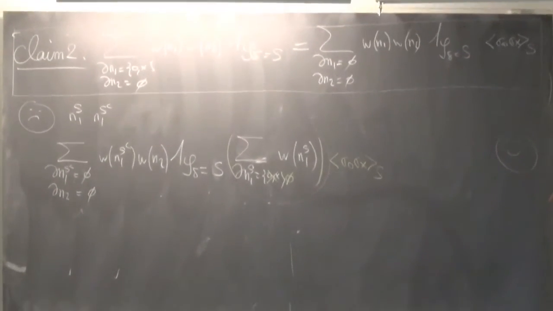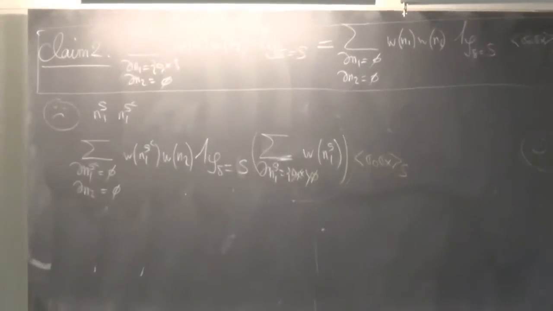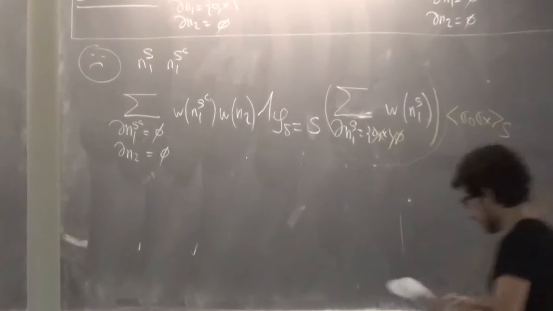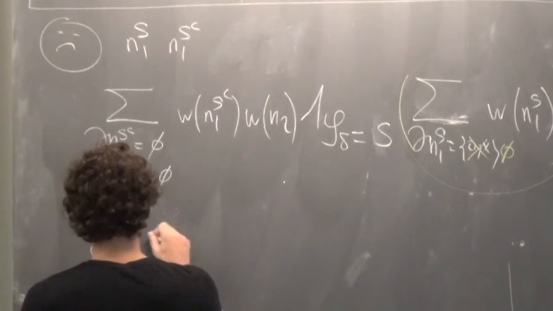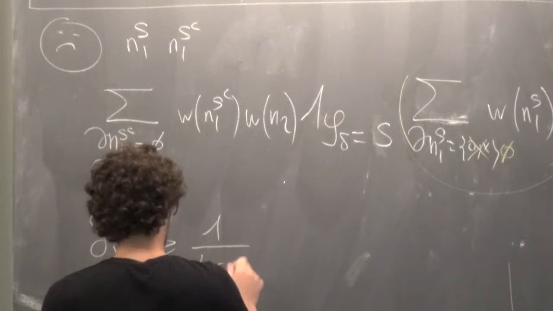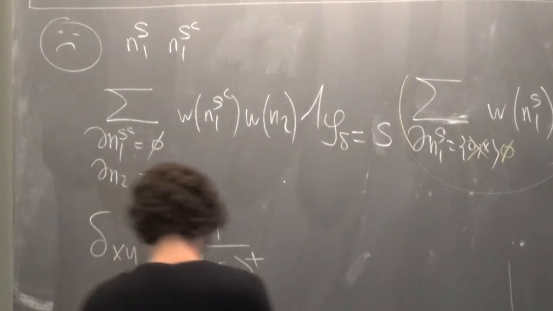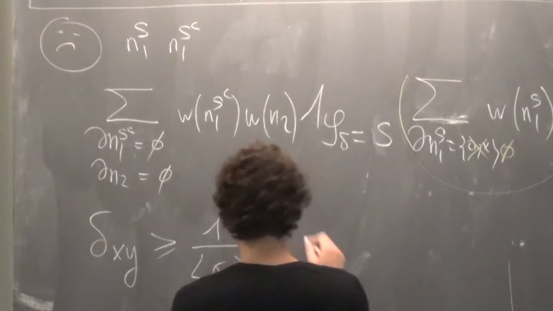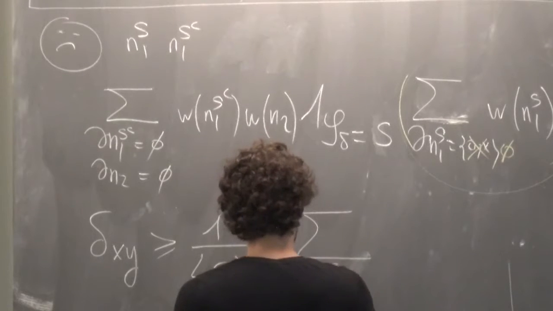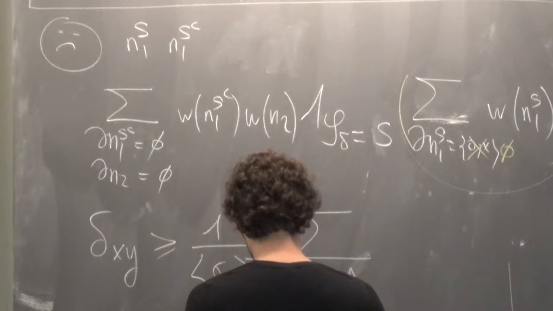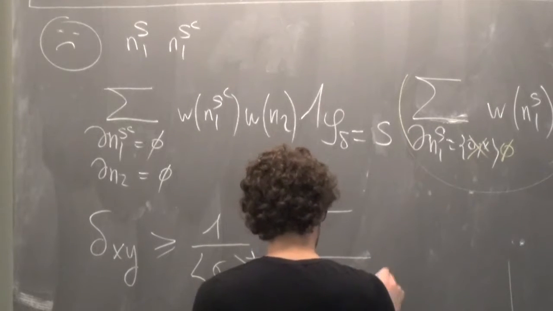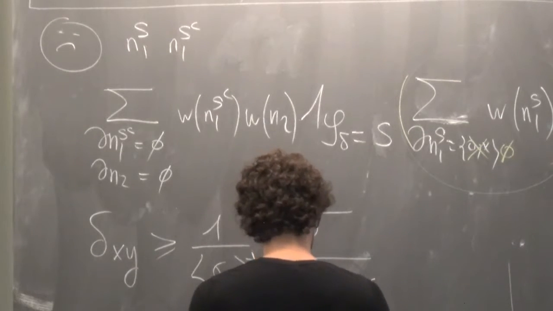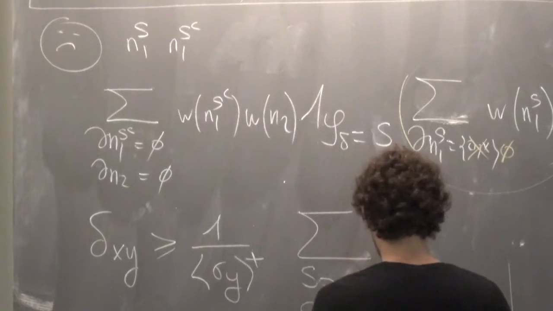Now, let's recombine everything together. So what do we get? So this first gives you that delta xy is larger or equal to 1 over sigma y plus. And then I get the sum for S containing 0 and x, S not containing y, of the sum.